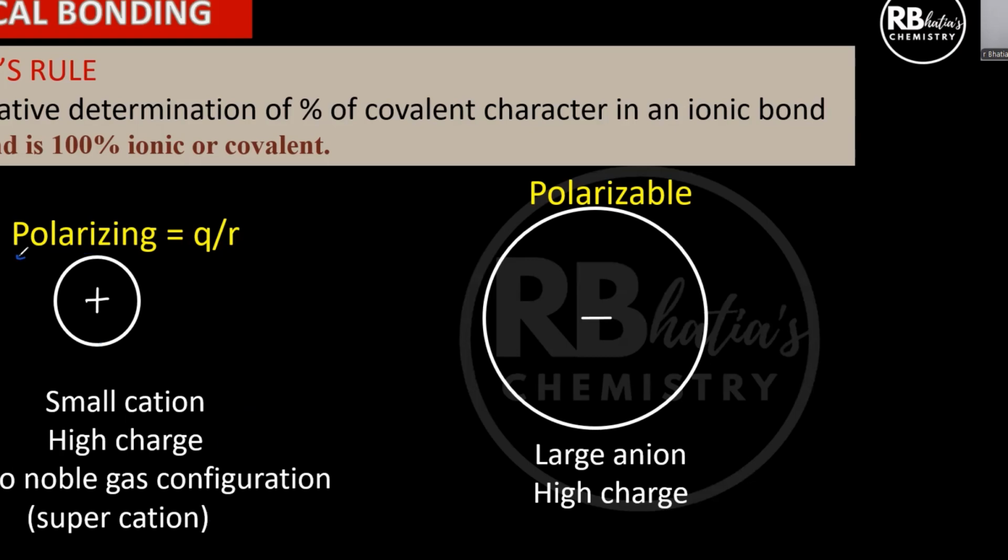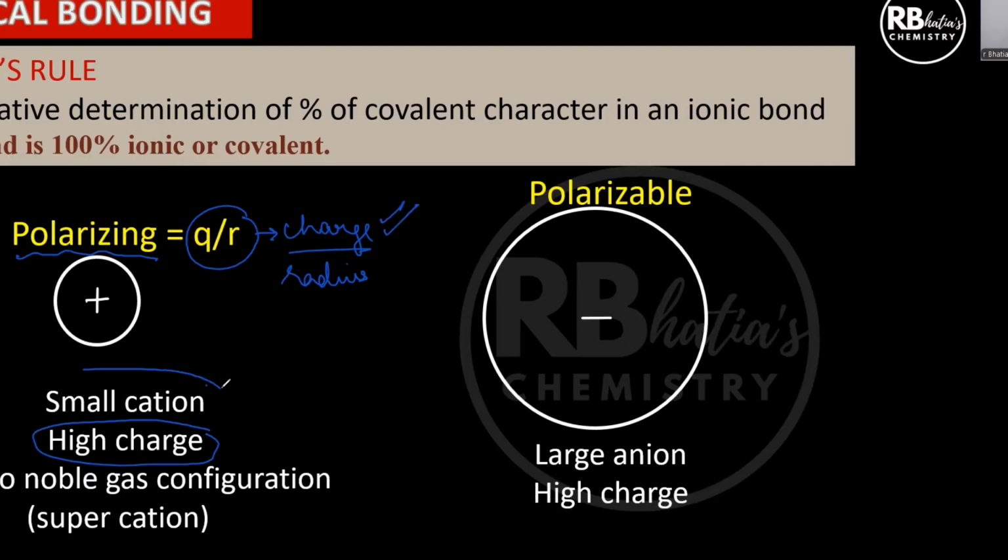Now, more polarizing also means more charge to radius ratio. So if the charge is high and radius is small, small radius and large charge is large polarizing power, right?